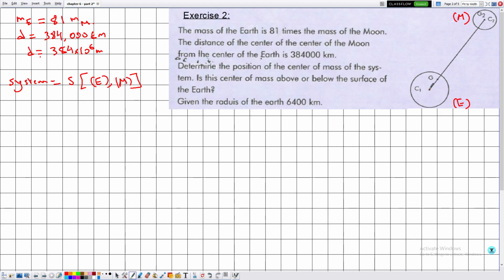So this is the center of the Earth and this is the surface of the Earth.